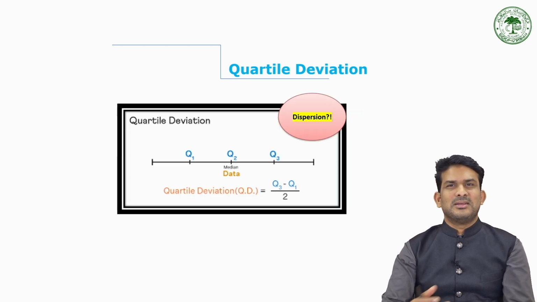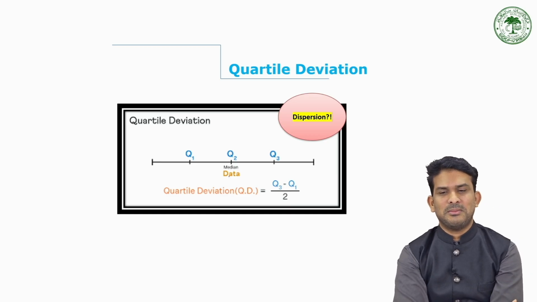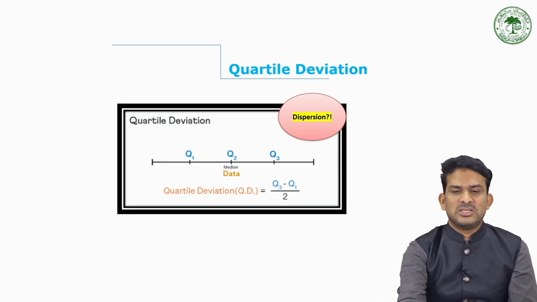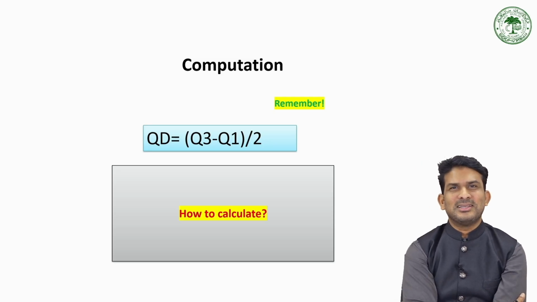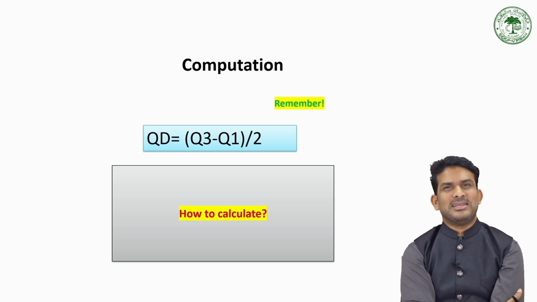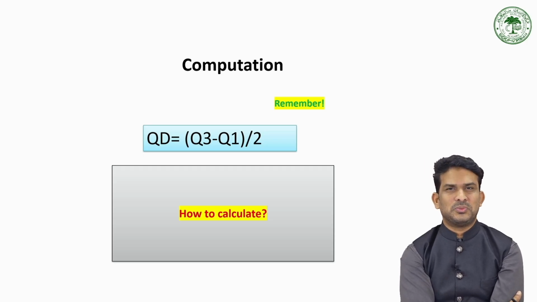You can see this. This is Q2, that is the median, and this is Q1 and Q3. Semi-interquartile range we have to calculate, that is quartile deviation. What is quartile deviation? Q3 minus Q1 upon 2.